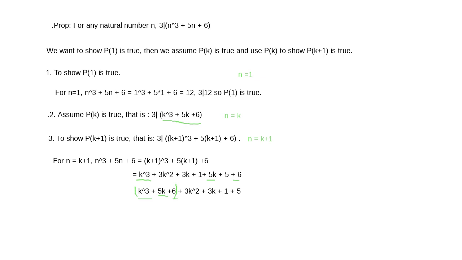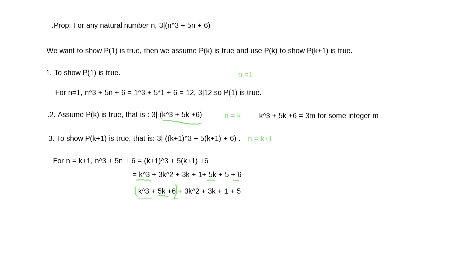This can be written as k cube plus 5k plus 6 equals 3m for some integer m. Okay, this is what it means. 3 divides this expression, which means it can be written as 3 times something. So 3 is a factor of this expression.